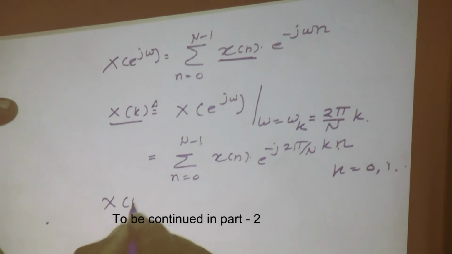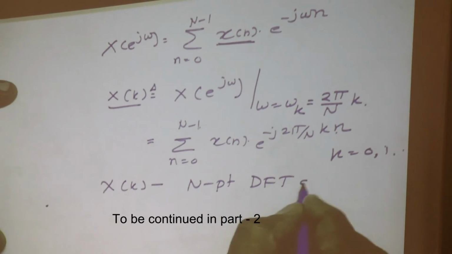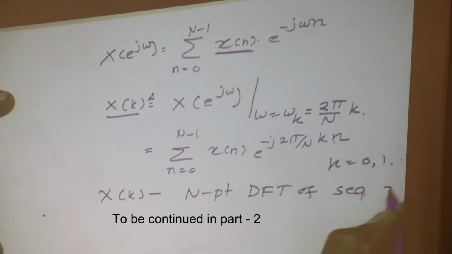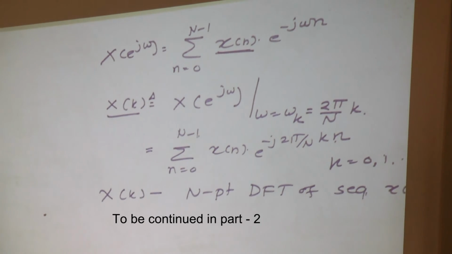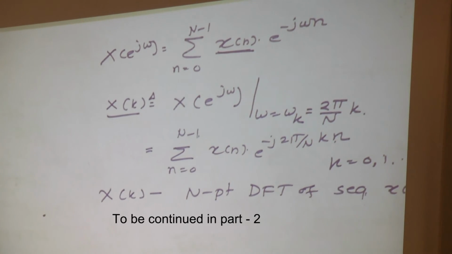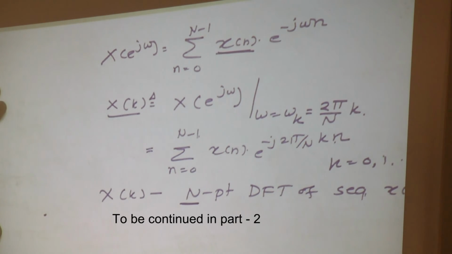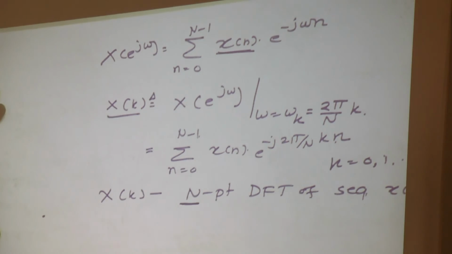X[k] is called the N point DFT of sequence x[n]. What is this N value? It could be anything, 5, 10, 20, 23, 37, it could be any value. So I am dividing the total interval of 2 pi into N equal points.